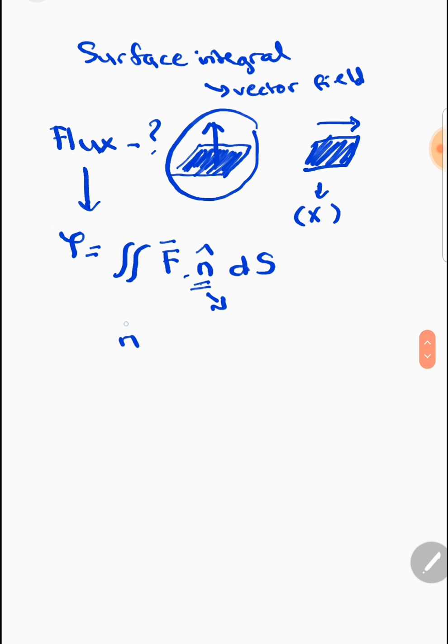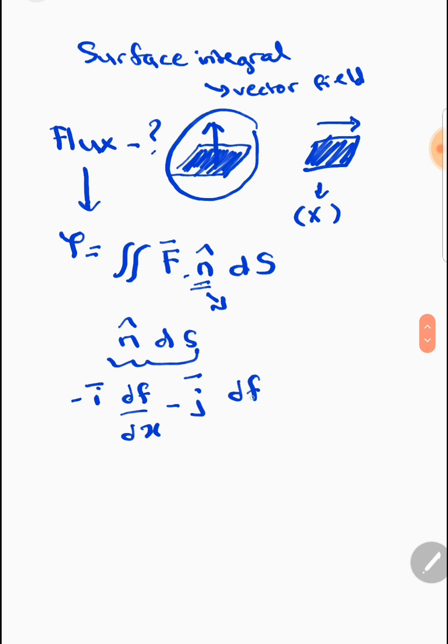My n cap dS is equivalent to negative i df over dx minus j df over dy plus k, dA.